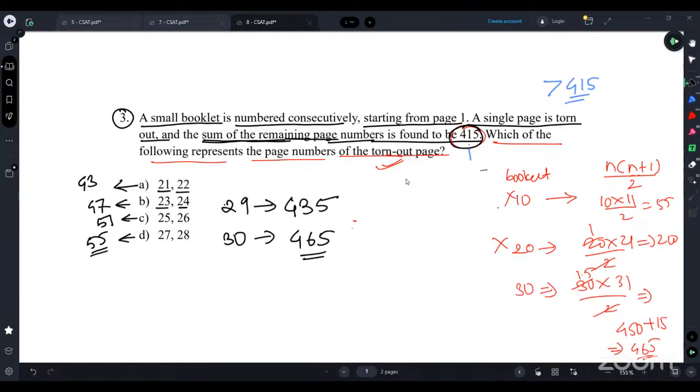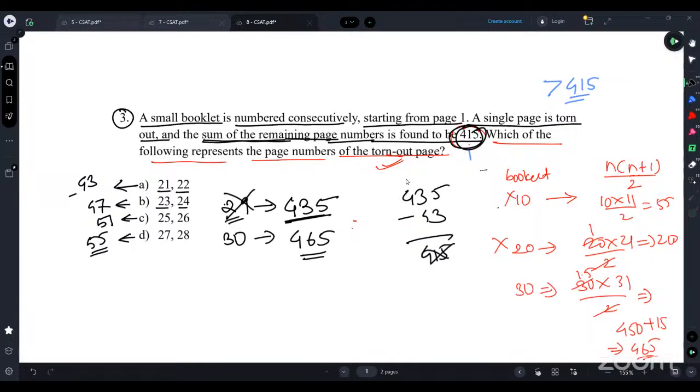Now you tell me, guys, is it possible to have a 29-page booklet? Even if I subtract the smallest number 43 from 435, I will not get a 415 summation. So it means that a 29-page booklet is not possible, right?